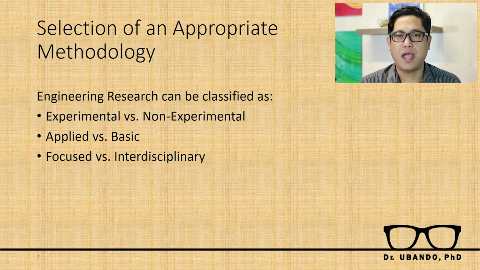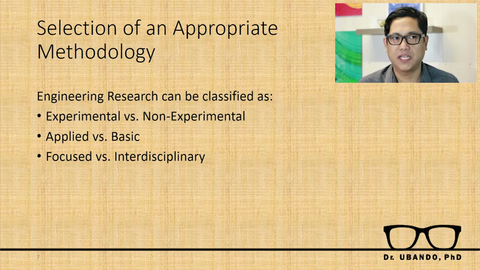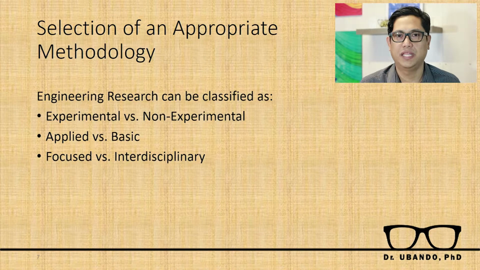As an example, I'm also doing research on microalgae, and this is more towards interdisciplinary since microalgae involves biology, physics, and some of the processes would involve drying and processing. So we would need mechanical engineers, chemists, and chemical engineers in those studies. So my research is categorized as interdisciplinary.